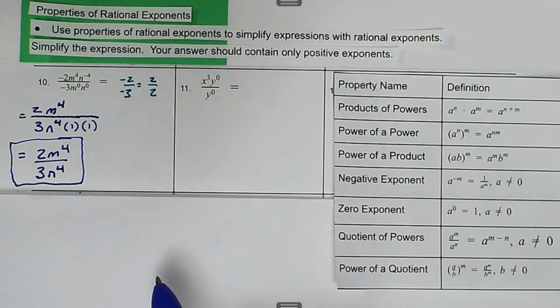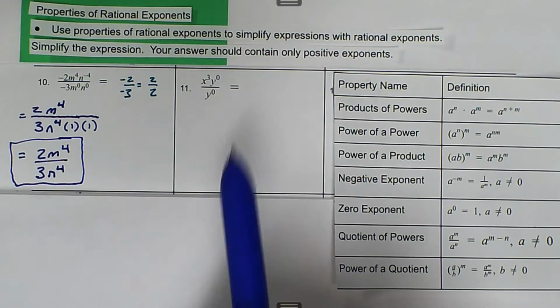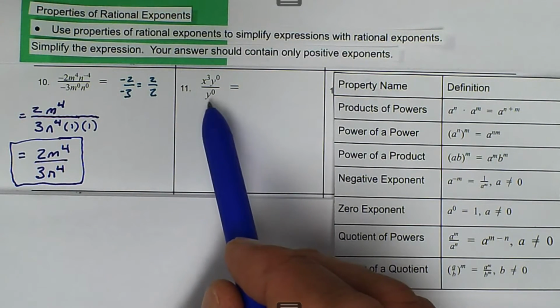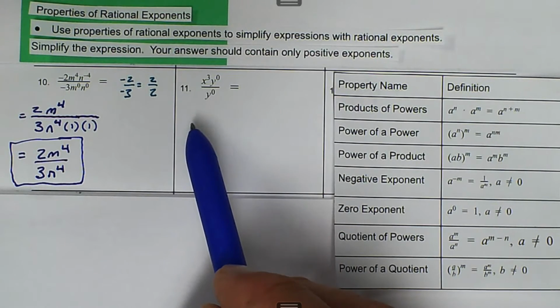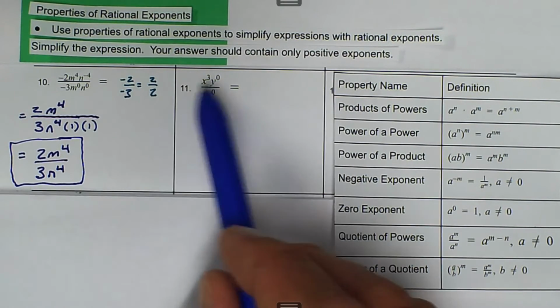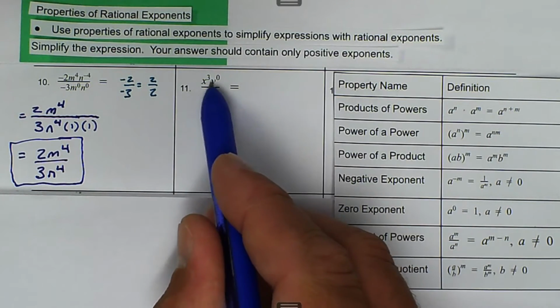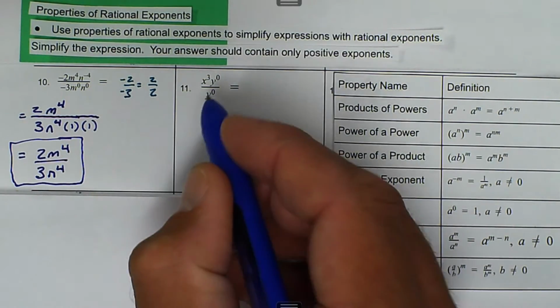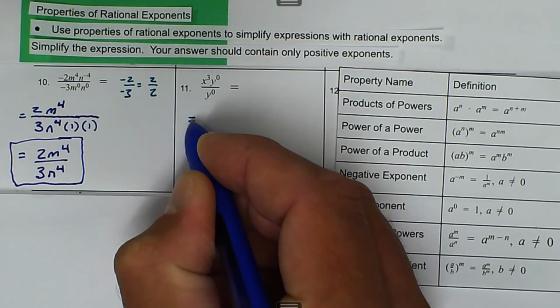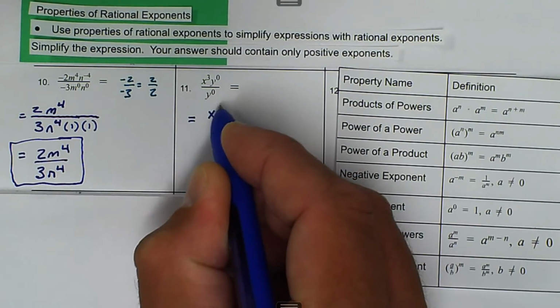The next one we have is x to the 3rd times y to the 0 over y to the 0. And so we don't have any coefficients to deal with. We have 1 over 1. So I'm just going to write down all the exponents as positive values. So we have x to the 3rd.